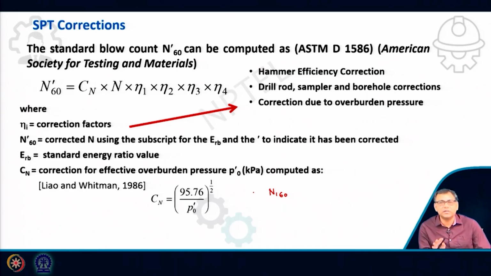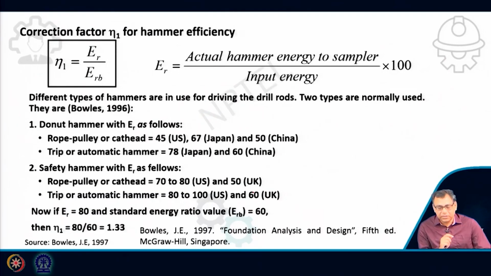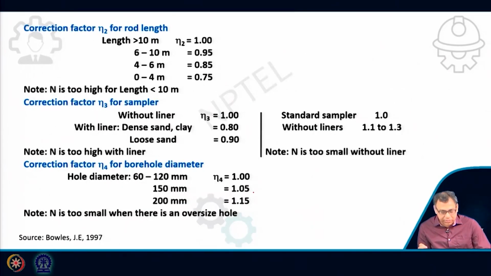All these corrections you apply, and then that one you use for this liquefaction problem that I will discuss. Clear? Because those charts are developed with respect to N160, the energy correction you have to apply, and in addition to that, all these corrections you have to apply. Remember that.